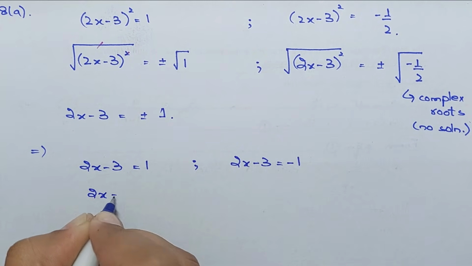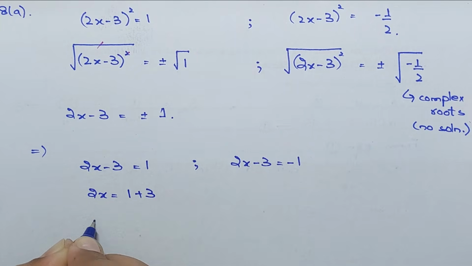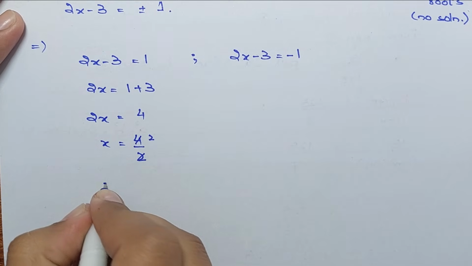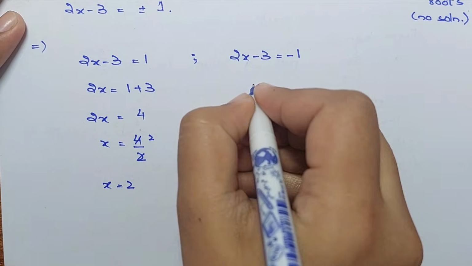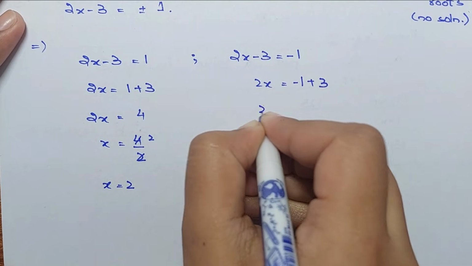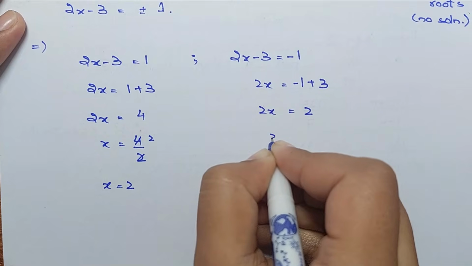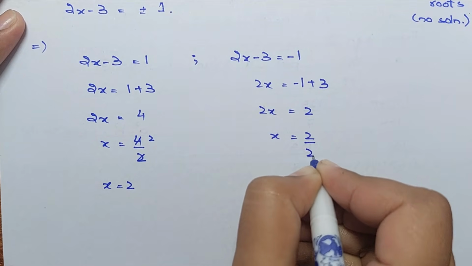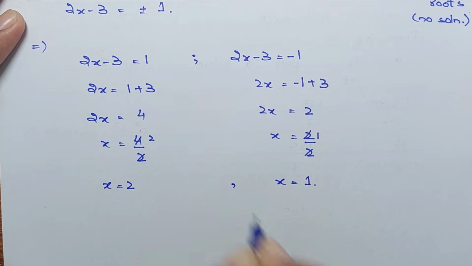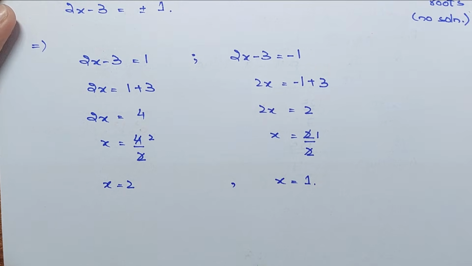So 2x would be equals to 1 plus 3 and 2x would be equals to 4 and x is equals to 4 divided by 2. 2 times 2 is 4, so x value is 2. Or here 2x would be equals to minus 1 and plus 3. So 2x would be equals to 2. X is equals to 2 divided by 2. 2 times 1 is 2. So the x value is 1. So these are the x coordinates, which are 1 and 2, right?